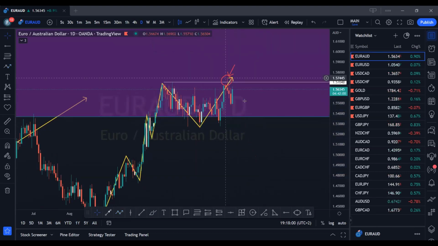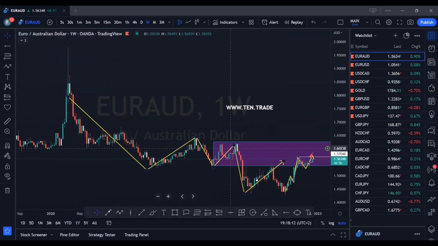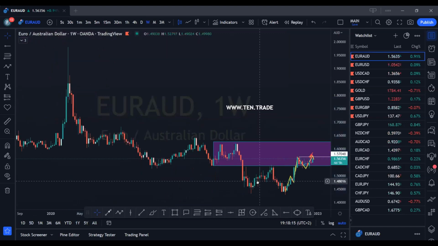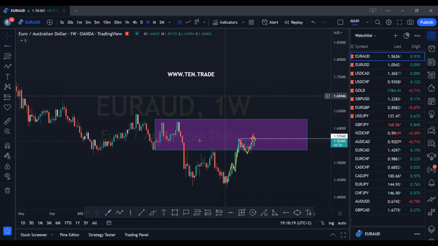Now we are taking all of that inference because of the weekly supply zone here. We are in a weekly supply, and if you check it out properly on the weekly chart, let me delete all of this. On the weekly charts, we have seen some form of liquidity grab here. All of this is a supply range.